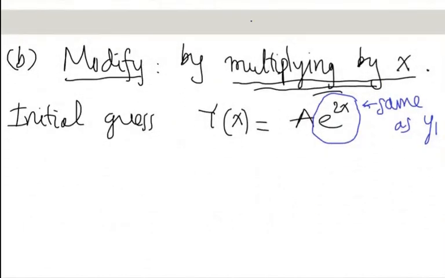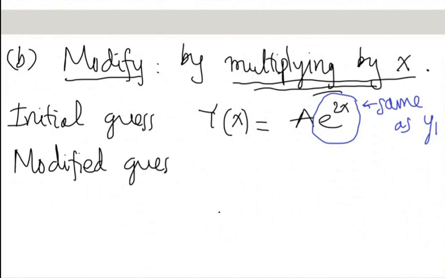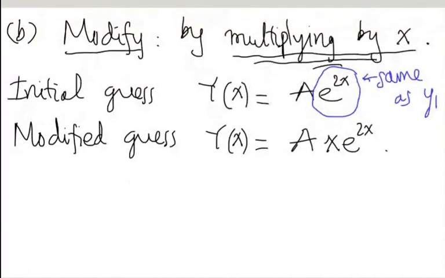You don't modify. But in this case, it's the same, so we need to modify by multiplying by x, meaning that we should have A x e to the 2x. This is the guess we should look for.